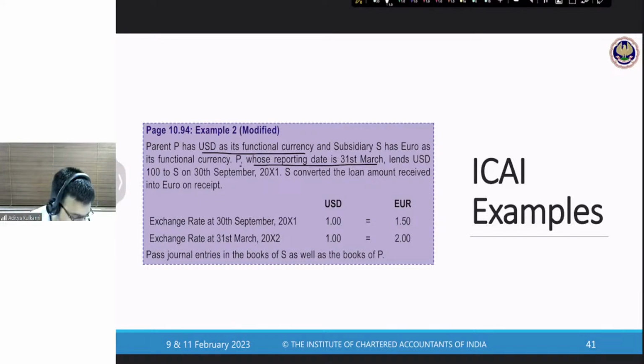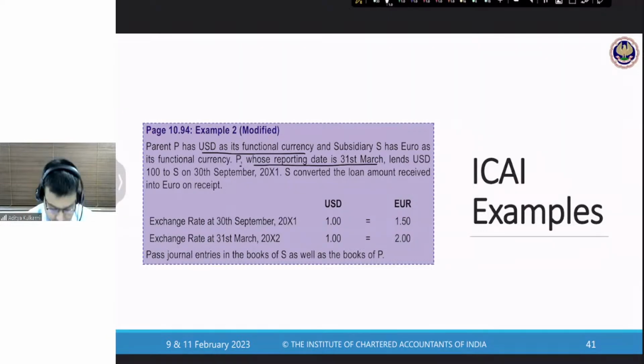S converted the loan amount received into euros on the date of receipt. Exchange rate at 30th September, $1 equals 1.5 euros, and at 31st March, $1 equals 2 euros. Pass the journal entries in the books of S as well as of P.